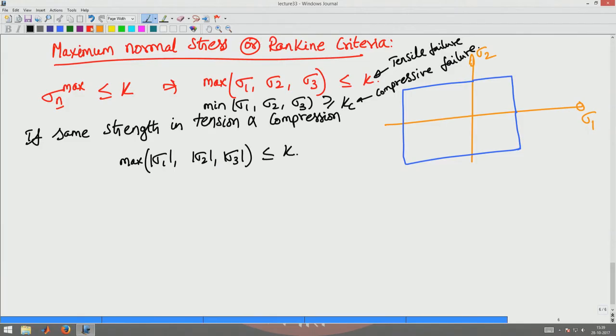Let us look at the next criteria, which is the Mohr-Coulomb criteria.